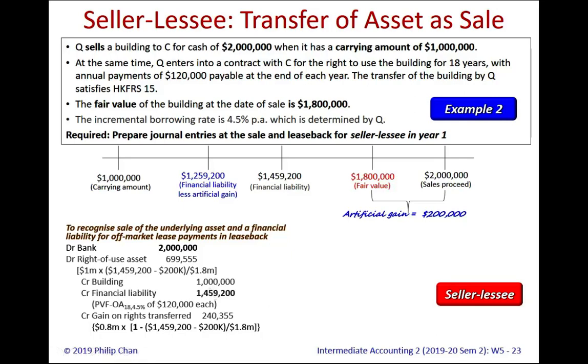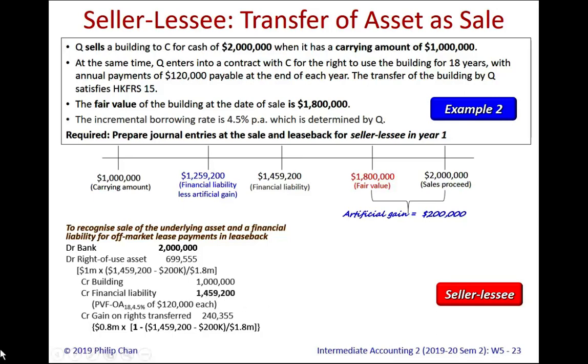Next you work out the financial liability by discounting, and we know it is 1,459,200. Now we can determine whether we have a gain from rights transfer. It is clear that sales price is bigger than financial liability, so you're going to have a gain.